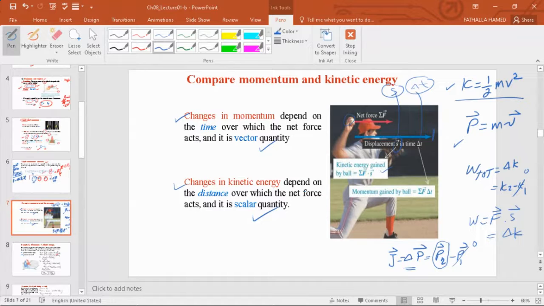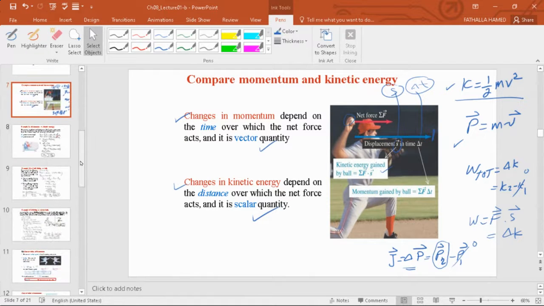Even though these two, kinetic energy and momentum, relate mass and velocity, momentum is a result of the net force acting over delta t, and the change in the kinetic energy comes as a result of the net force acting over displacement delta S. So that's the difference or the comparison between the two. Is this clear?